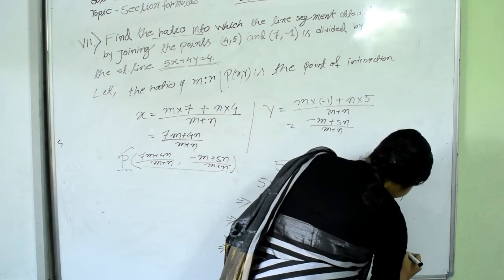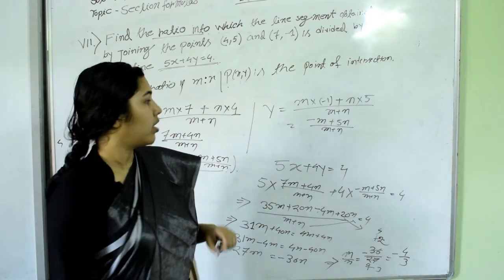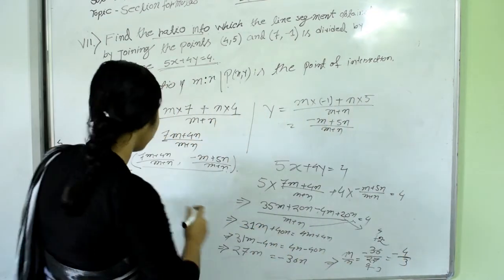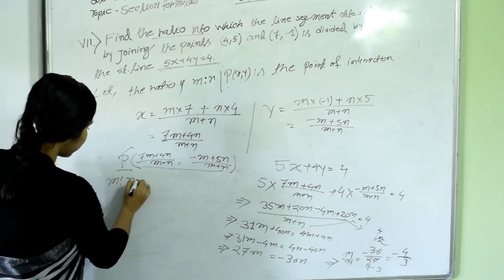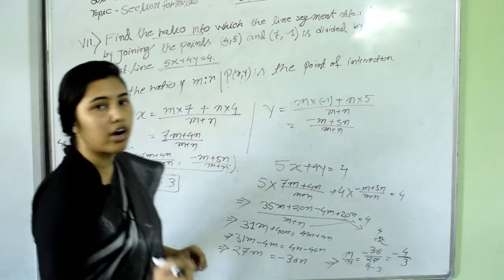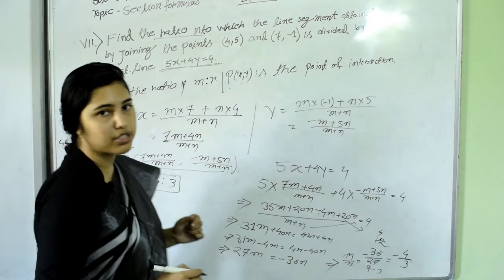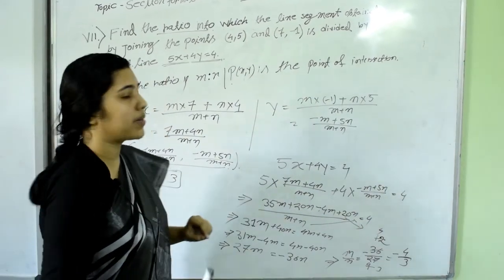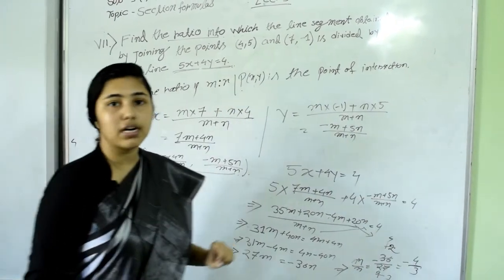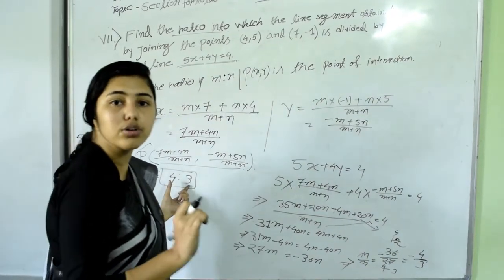So here the ratio is -4 is to 3, which means the ratio m is to n equals -4 is to 3. The negative value of a ratio, -4, is not possible, which means the point P divides this line segment externally at ratio 4 is to 3.